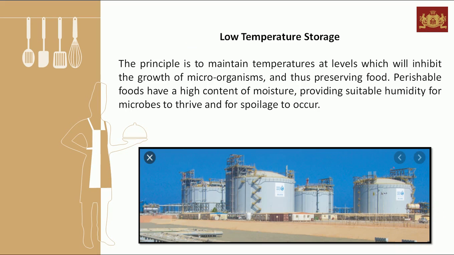Low temperature storage. The principle is to maintain temperatures at levels which will inhibit the growth of microorganisms, and thus preserve food. Perishable foods have a high content of moisture, providing suitable humidity for microbes to thrive and for spoilage to occur.